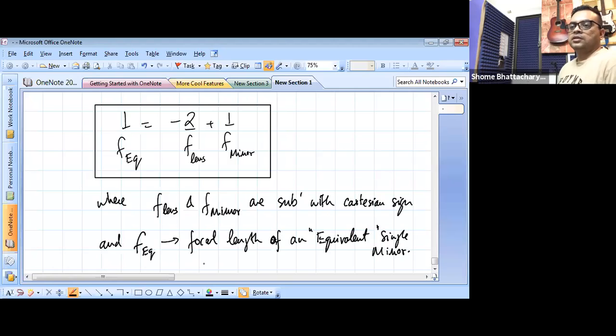And this also comes with Cartesian sign. So in this, let's first understand the application, then we'll come back to the derivation.